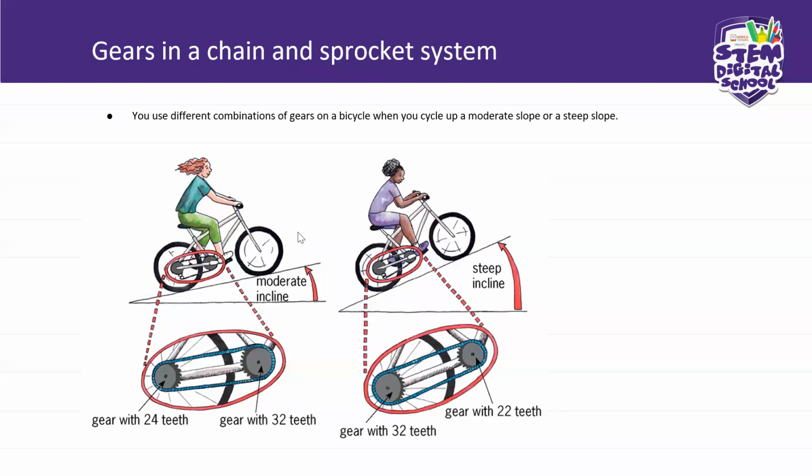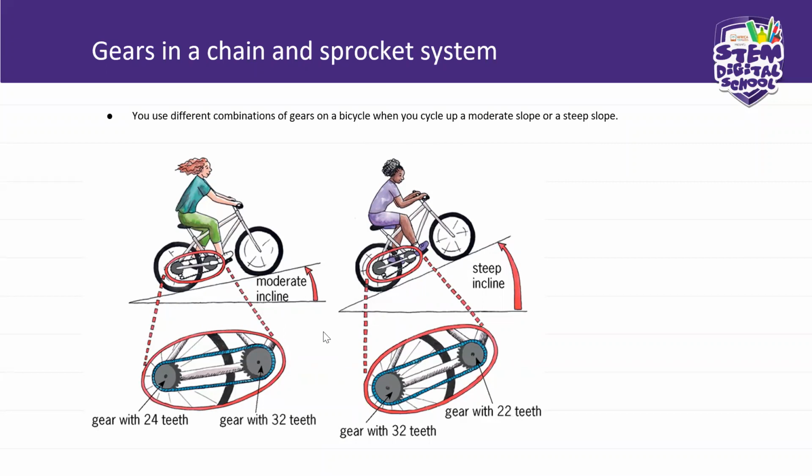You use different combinations of gears on a bicycle when you cycle up a moderate slope or a steep slope. Okay? So you actually need more torque. You need torque for an uphill drive because you need more power, okay? It's not like on a moderate incline.